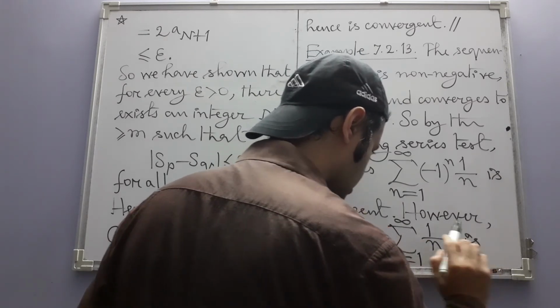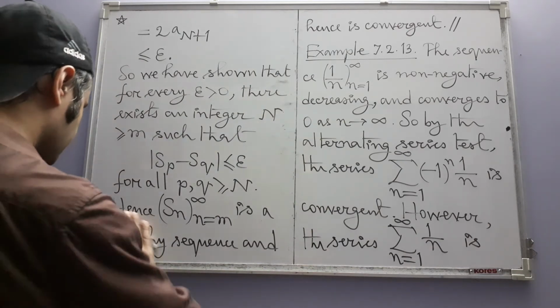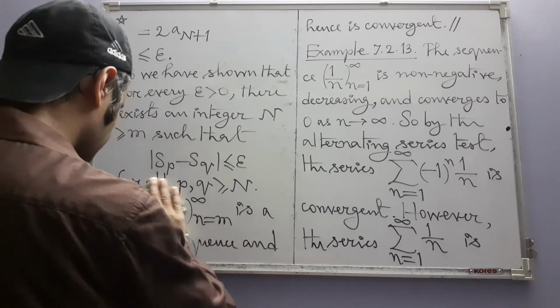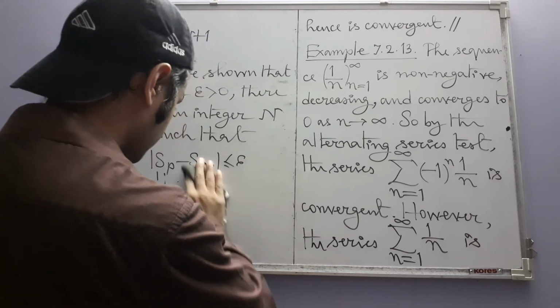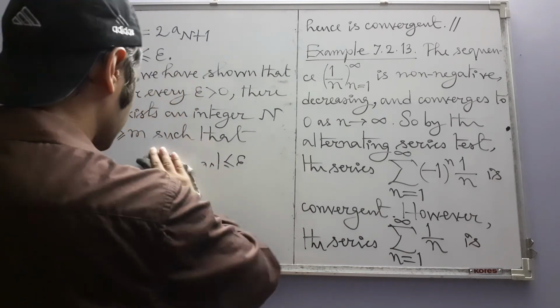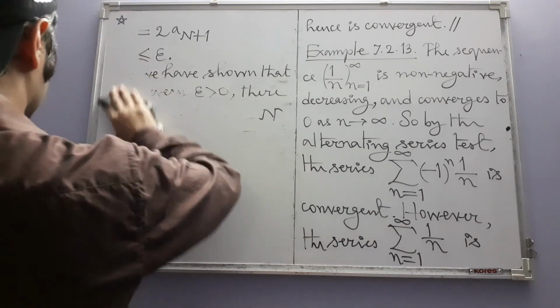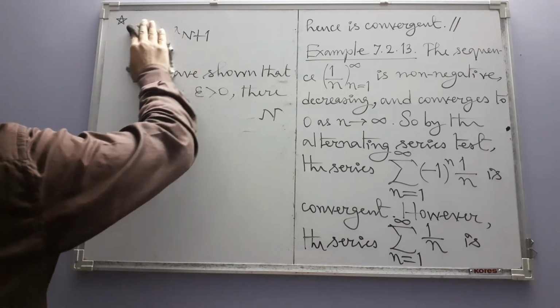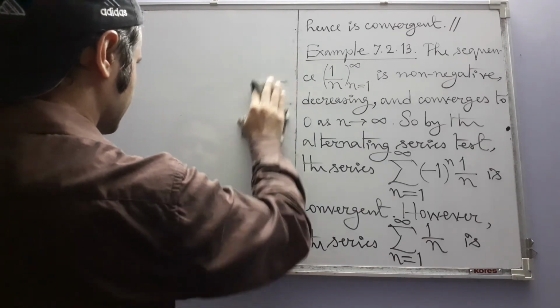This series is divergent. We will see this in the next section, why this series is divergent. In fact, in the next section, we will prove that not just this harmonic series, but an entire class of series which look like the harmonic series, some of them are convergent and some of them are divergent. We will prove a result to that effect.